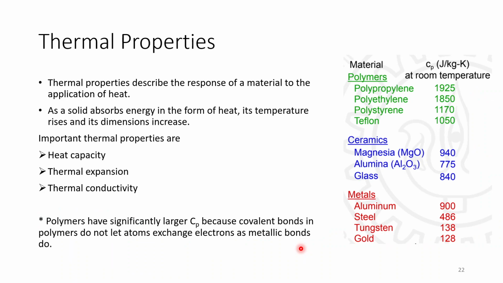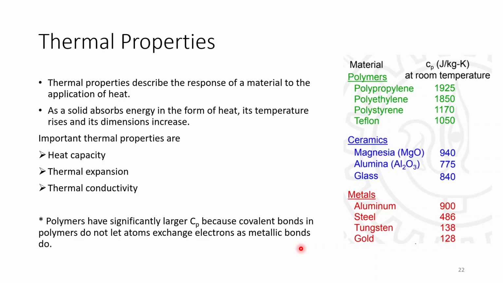Next up we have thermal properties. Thermal properties describe the response of a material to the application of heat. As a solid absorbs energy in the form of heat, its temperature rises and its dimensions increase. Some of the important thermal properties are heat capacity, thermal expansion and thermal conductivity.